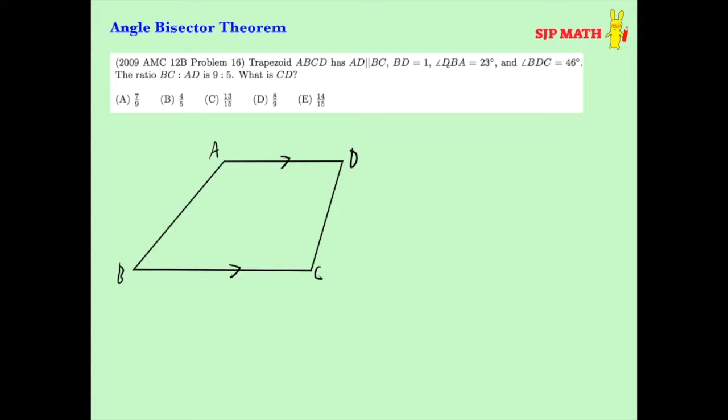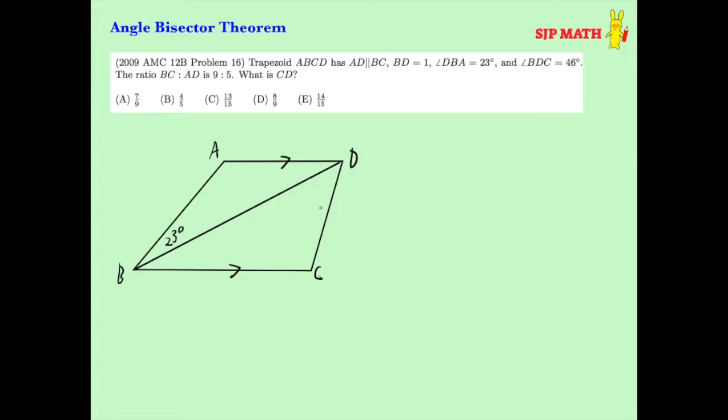And angle DBA is equal to 23 degrees. So let's connect B and D. Angle DBA is equal to 23 degrees, and angle BDC is equal to 46 degrees.